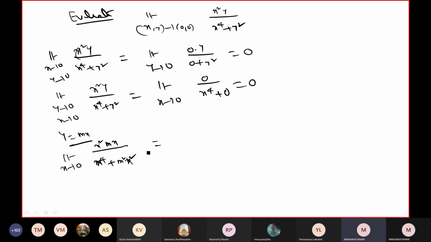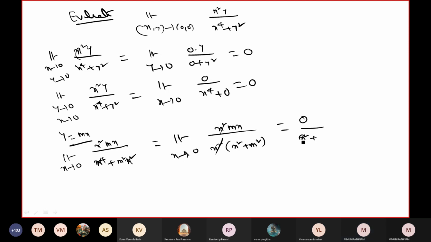Taking x square common, limit x tends to 0 of x m by x square plus m square. If x tends to 0, replacing 0 here, 0 plus m square. This is also 0. Okay?